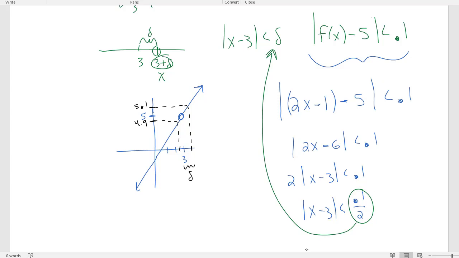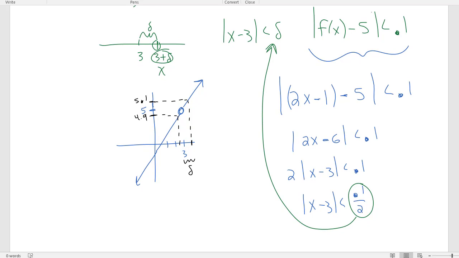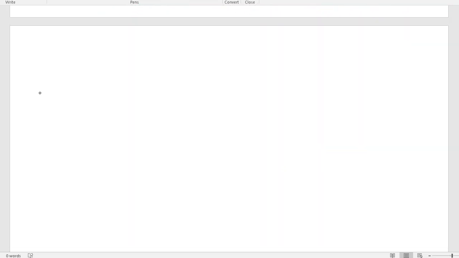So again, I want this to be arbitrary. I don't want to pick those 3 or 4 tolerances. I don't want to pick specifically 0.1 or 0.01 or 0.001. I want this to be any arbitrary distance from the value 5. So the way we typically write this is in the following manner. We want the function value f of x to be any distance from 5, and we're going to call that some positive number epsilon.